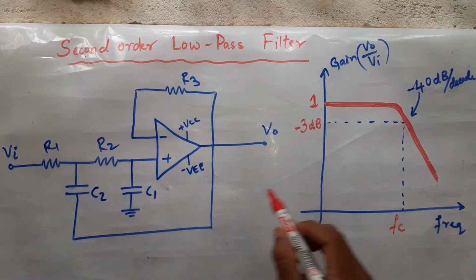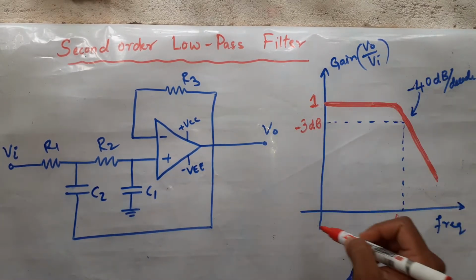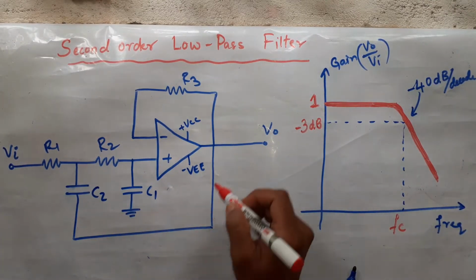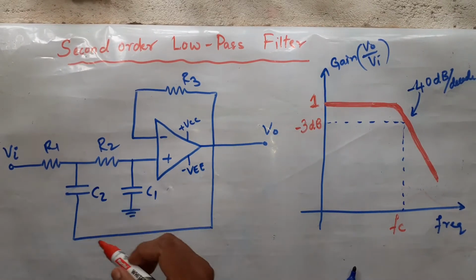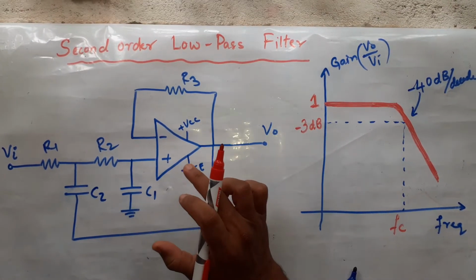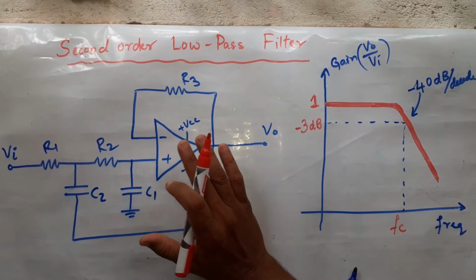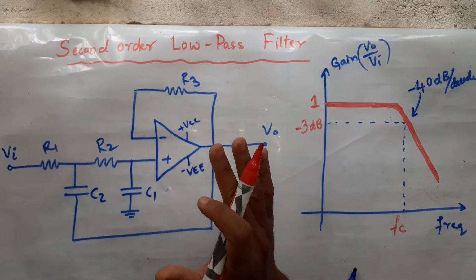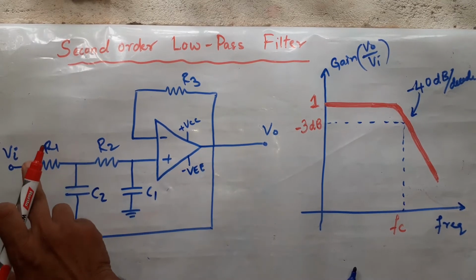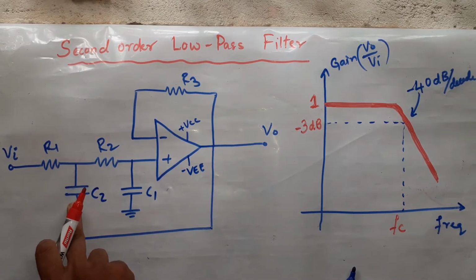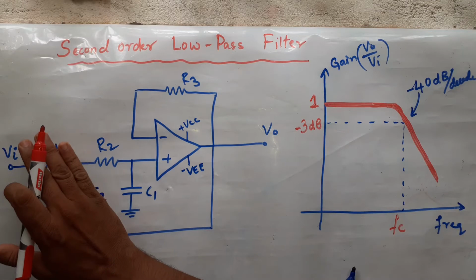This is your circuit and this is how the frequency response is. In your circuit, if you see this circuit diagram, second order is almost the same as your first order. The only difference is one resistor and another capacitor are extra added in your circuit.